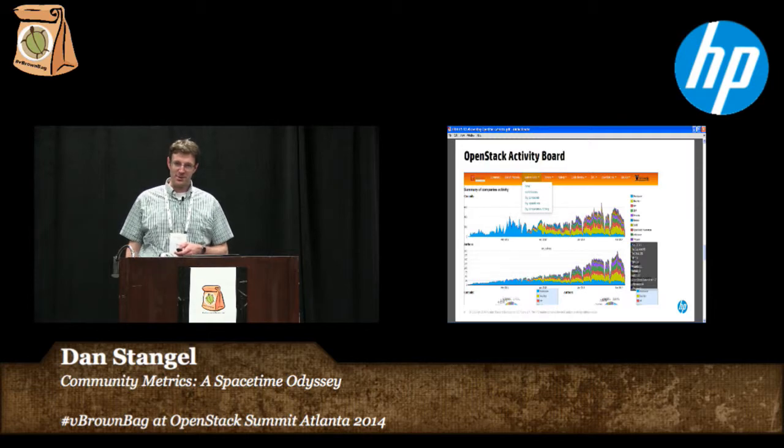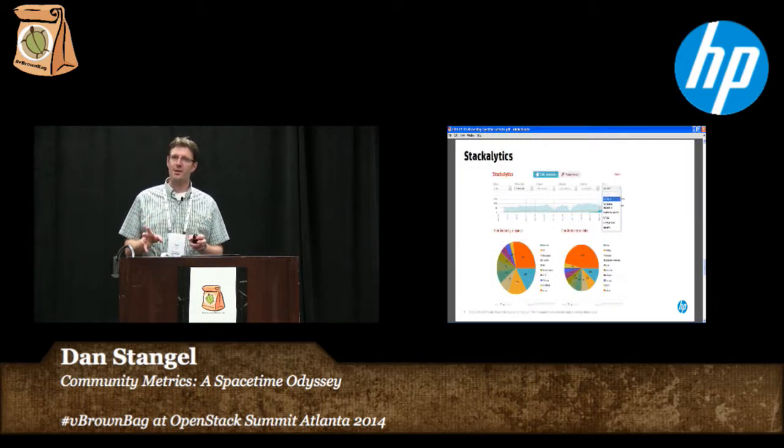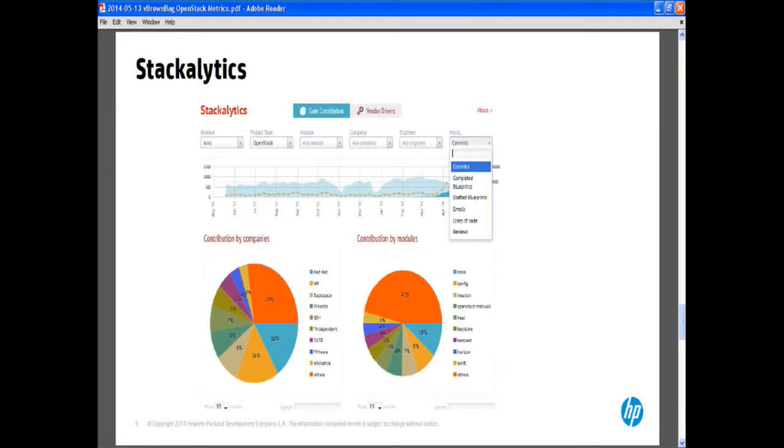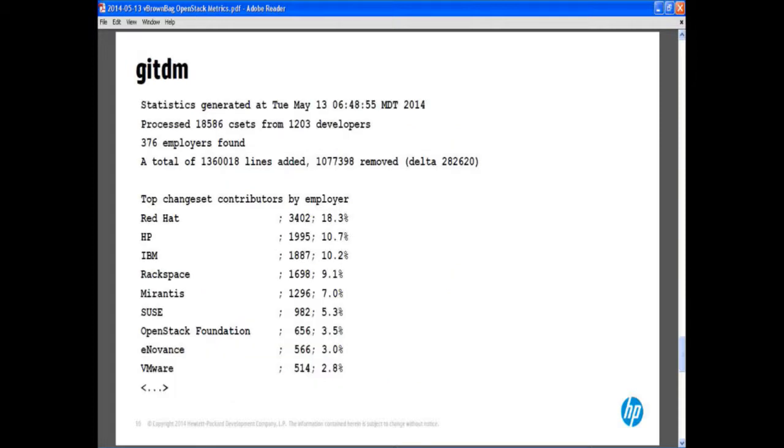Likewise, StackAlytics shows things a little bit differently. Each tool set has strengths, weaknesses, and things that they are particularly focused on or not. I would point out that gitdm, the tool set that I've been contributing to, has lagged behind considerably. Although our tool set is probably the easiest to understand, it also produces the least glamorous output.